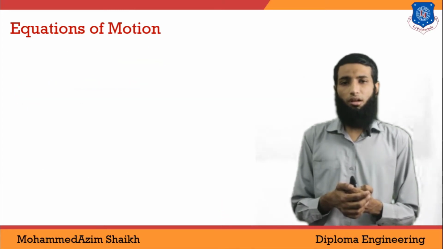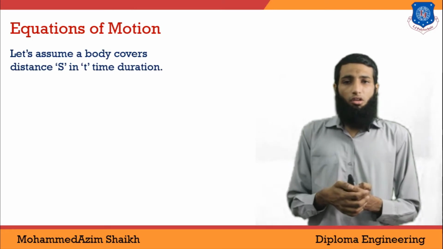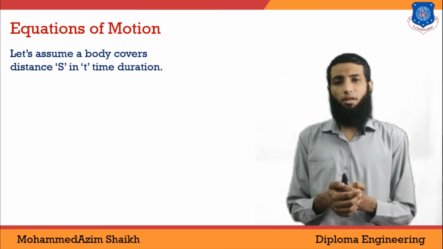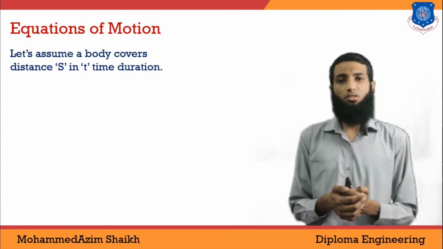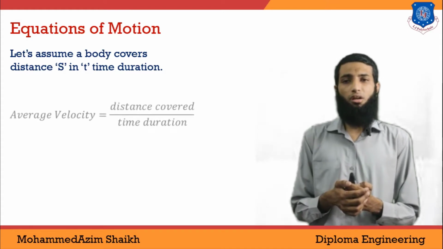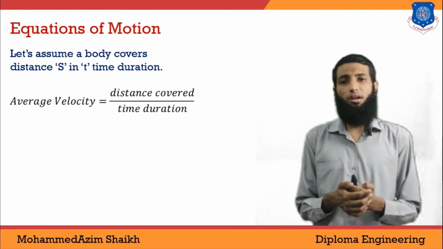Now moving forward, we will go for the second equation of motion. We have taken the distance covered in time t as capital S. According to the formula of speed or velocity, average velocity is equal to distance covered upon time duration.